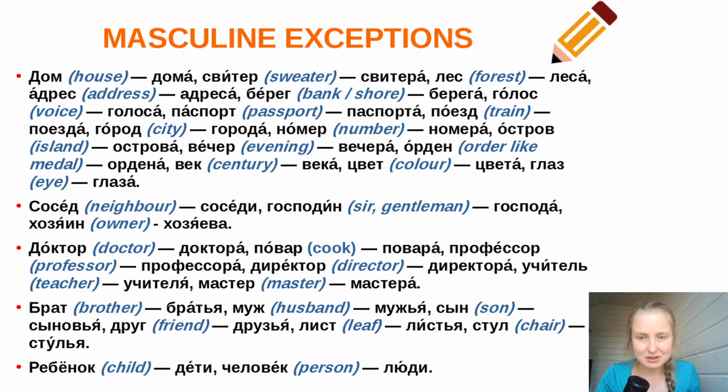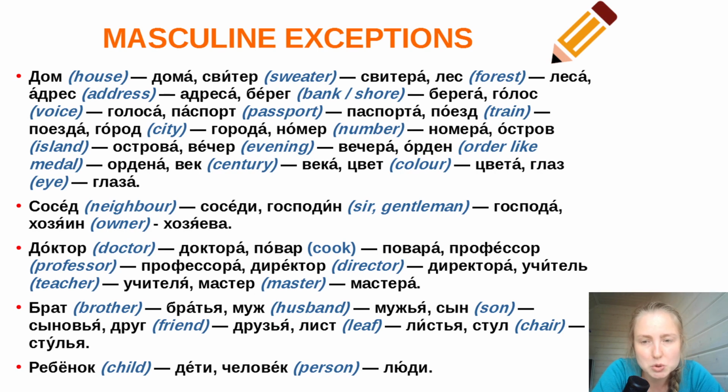And first exceptions that we will talk about, it's masculine group, masculine exceptions. Why these words are exceptions? Because they use not typical endings for masculine gender. So again, remember that for masculine nouns we use endings "ы" or "и" to form plurals.